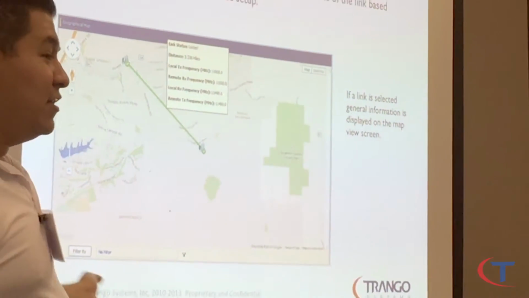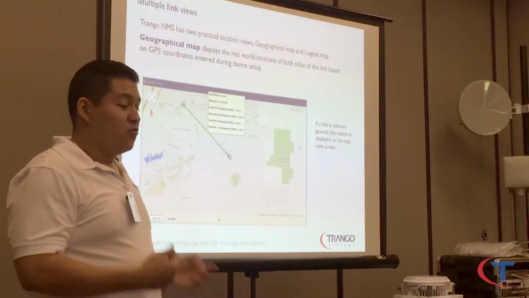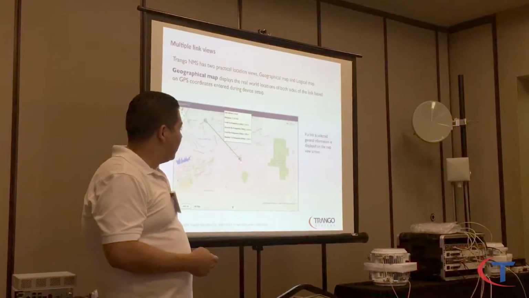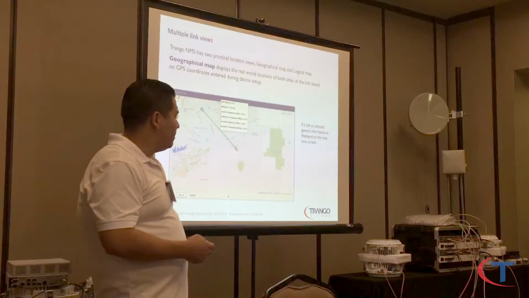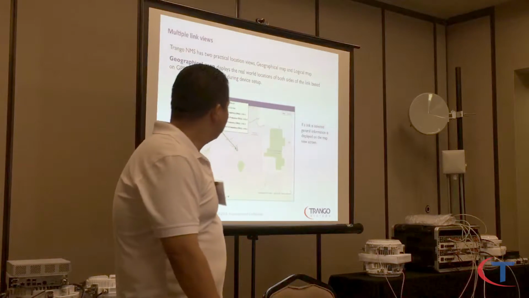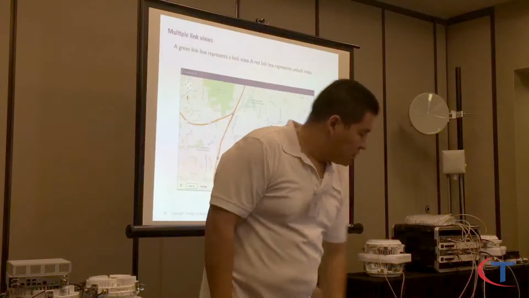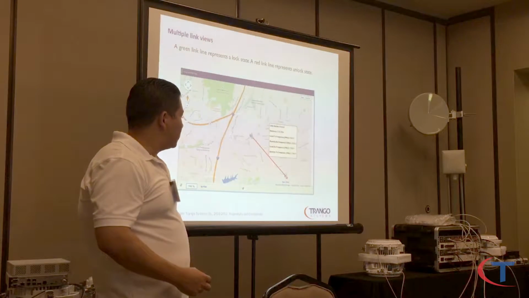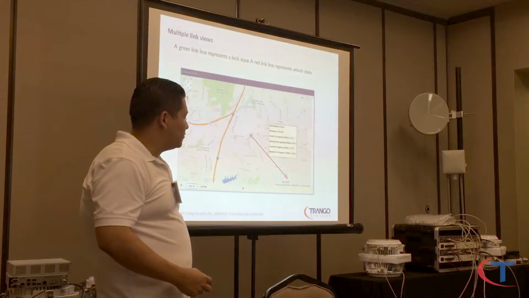So all green lines, I mean, it's working. Red, something's wrong. And then on top of that, if there's something wrong with the radio, you will see a gray mark or a red mark on the actual radio. That's a downlink. And the problem is going to be the far side, because this is where you see the actual indicator.